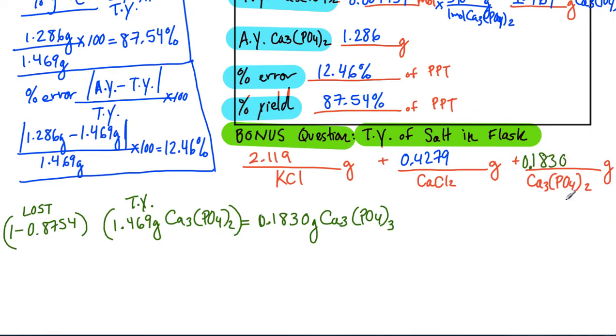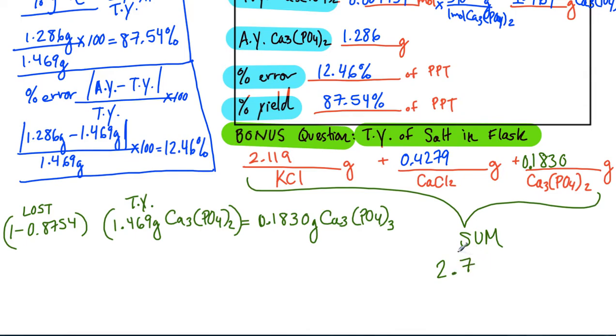All right, and then those 3 salts, let's add those 3 together. So 0.183 plus 0.4279 plus 2.119, the sum of the 3 of these is 2.730 grams of salt. And that is what should be in the flask.